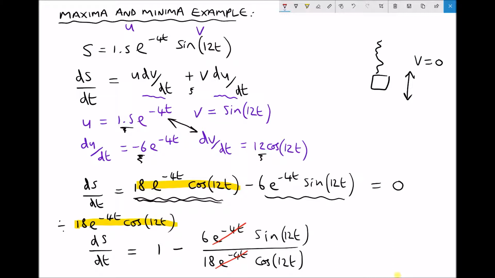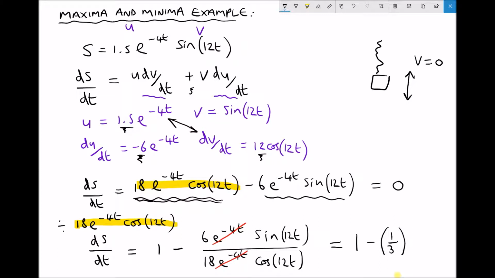So in actual fact, what we can do here is simplify our function further. We can say that ds by dt equals 1 minus 6 over 18 as a fraction. Well, 6 over 18 is the same as 1 over 3.